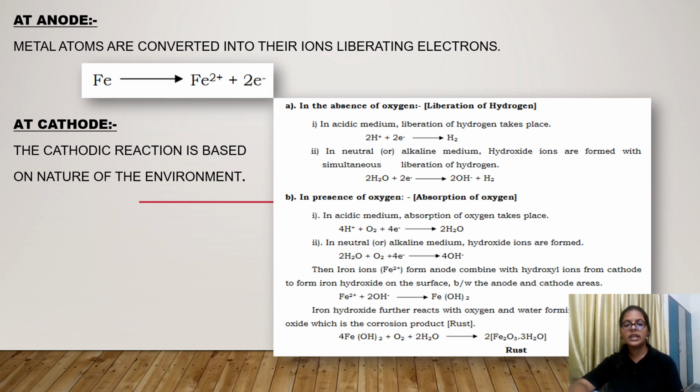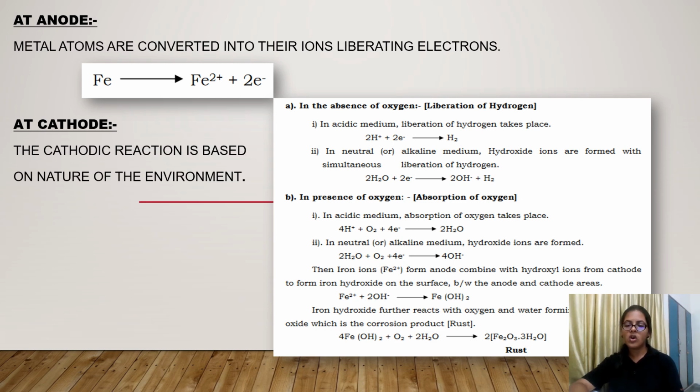At cathode, the cathodic reaction is based on the nature of the environment. First, in the absence of oxygen, in acidic medium, liberation of hydrogen takes place, and in neutral or alkaline medium, hydroxide ions are formed with simultaneous liberation of hydrogen.